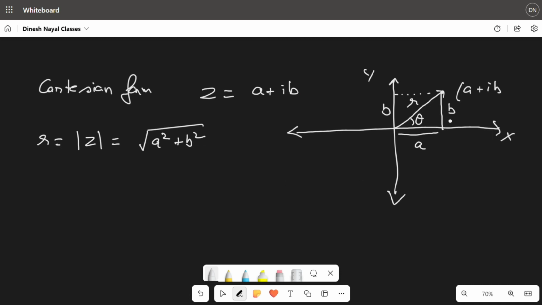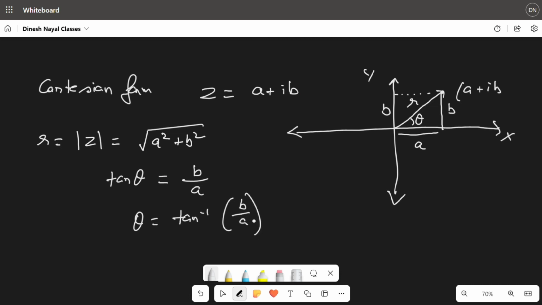To find theta, we take tan theta equals opposite by adjacent, which is b by a. So theta is tan inverse of b by a, which will give you the argument.